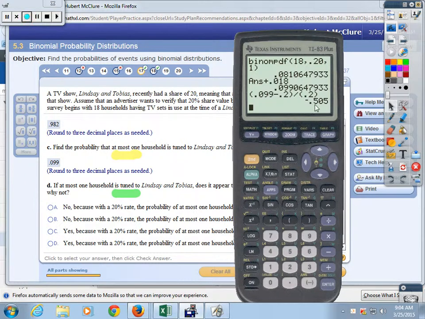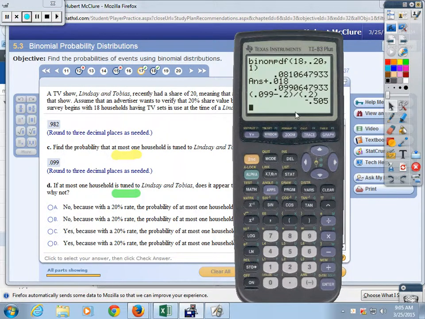I get 0.51, so that's about a 50% difference. Is that common sense? 10% versus 20% is half, so I'm about right. 50% difference. That's wrong.